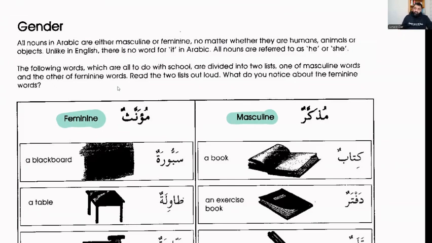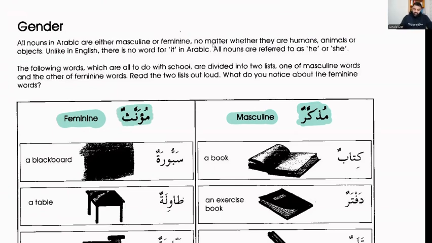The word for masculine in Arabic is mudhakkarun. If you could just say that, mudhakkarun. Good. That's the male, and the female is mu'annathun.